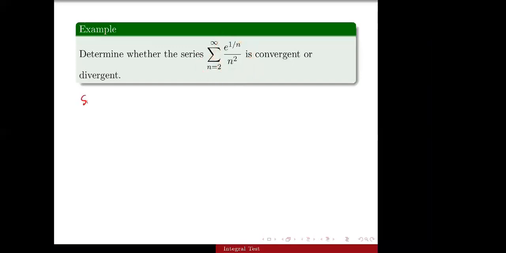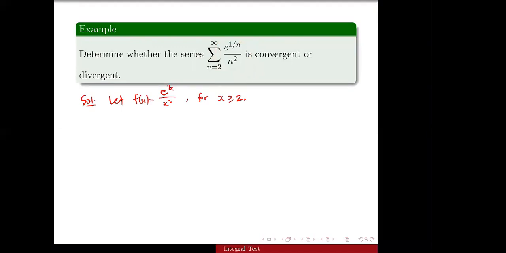So we consider f of x equals e raised to 1 over x squared for x greater than or equal to 2.